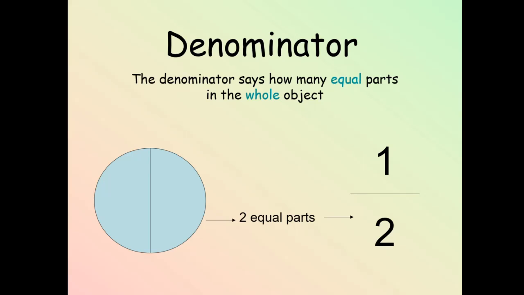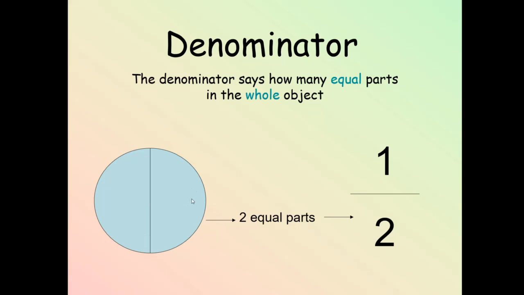First up, we have the denominator. The denominator says how many equal parts are in the whole object. The denominator will specify exactly how many equal parts we have in an object. As we have in the example, the circle is divided into 2 segments, the left and the right.